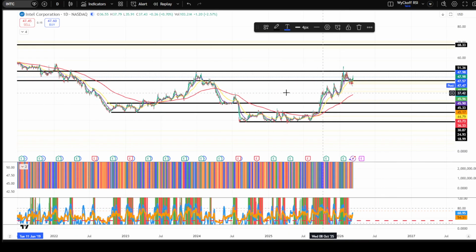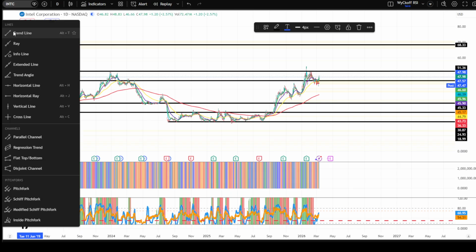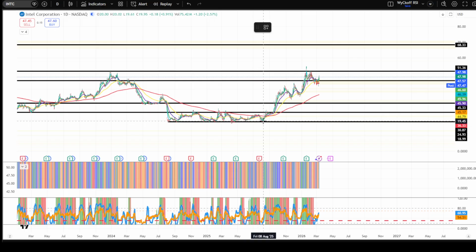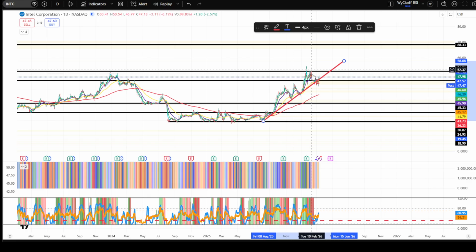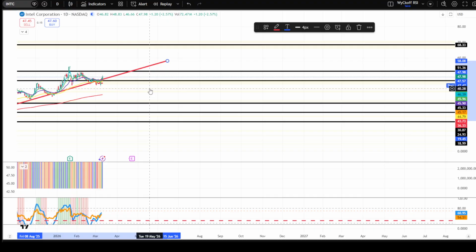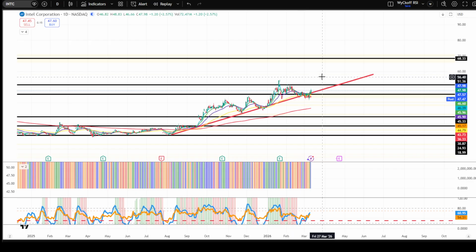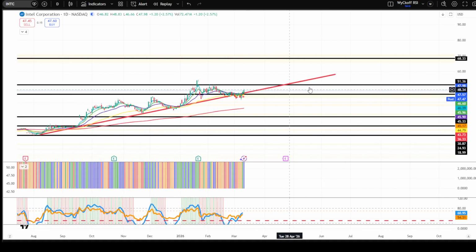So right now you see that it's been on an uptrend, but hitting that range again, that resistance. It's sputtering and struggling to get back either into this range and break into the upper ranges or stay consolidating.